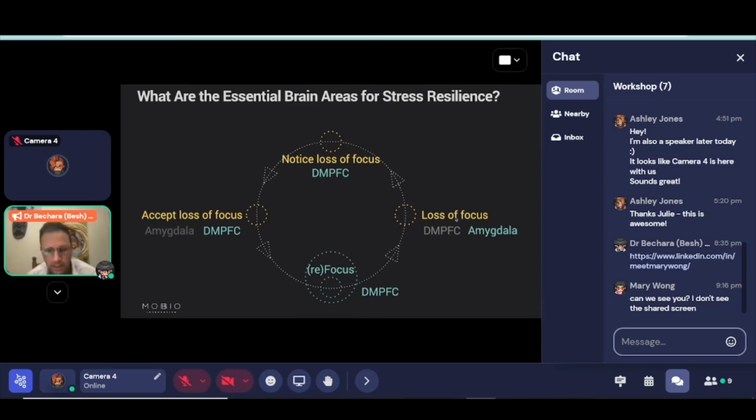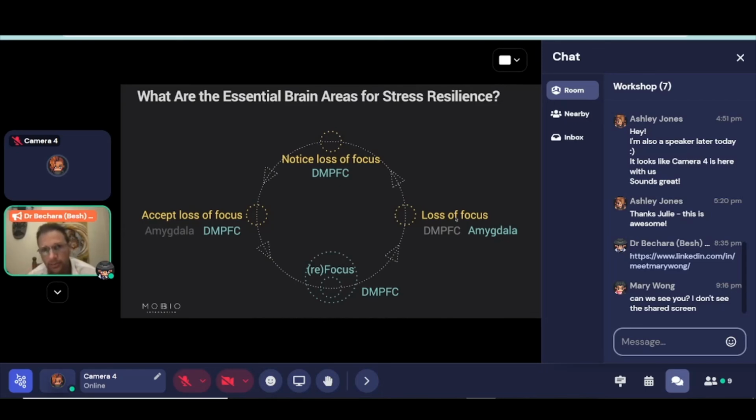I bring it to your attention because it's not something that just showed up in one or two studies. This is a well reproduced finding. When you focus, you recruit the dorsal medial prefrontal cortex. And then as you lose focus, you get this reaction from the amygdala that says, damn, I lost focus.